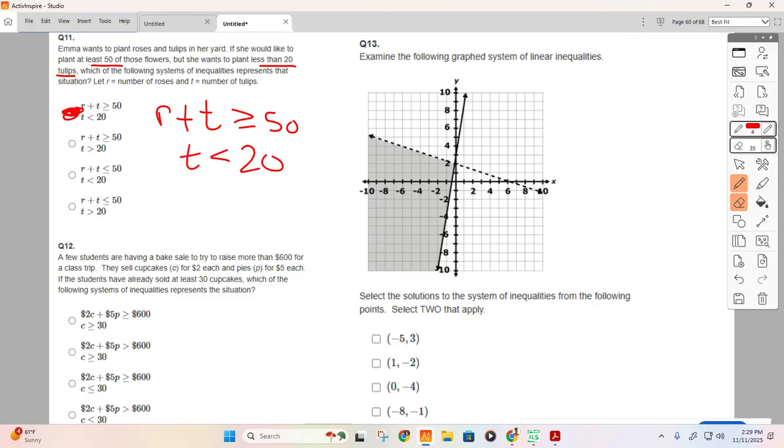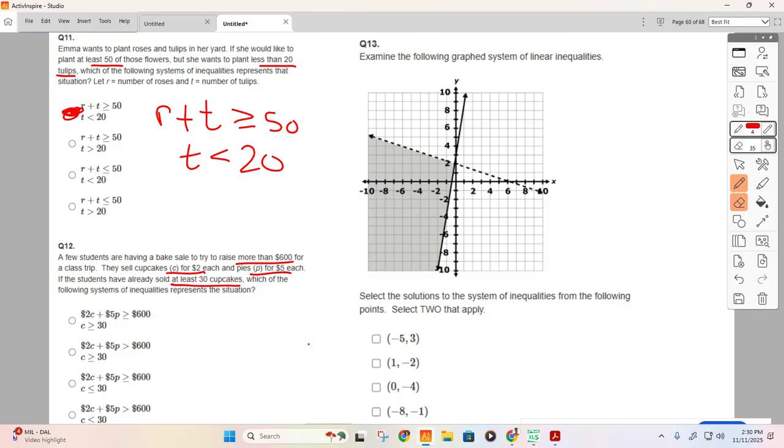All right, number 12 is another one of those where you have to be able to read it and take out the information to create an equation or an inequality. A few students are having a bake sale to try to raise more than $600 for a class trip. They sell cupcakes for $2 and pies for $5 each. They already sold at least 30 cupcakes. Which of the following systems represents this situation? The first part is talking about the money.